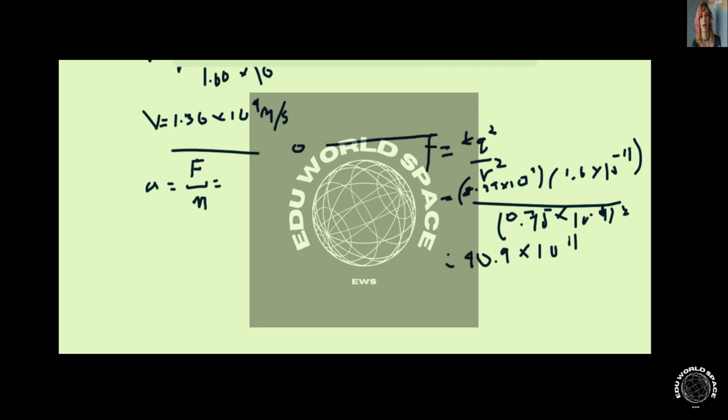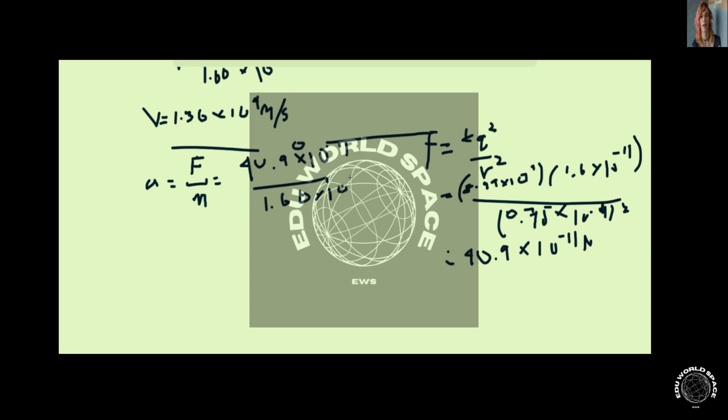Now if you plug this force into the equation for the maximum acceleration, we get 40.9 times 10 to the negative 11 over the mass, which is 1.66 times 10 to the negative 27, and plugging it into a calculator, this is equal to 24.6 times 10 to the 16 meters per second squared, sorry, for acceleration.